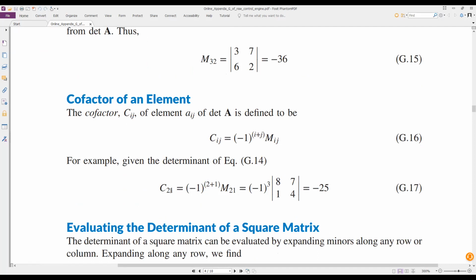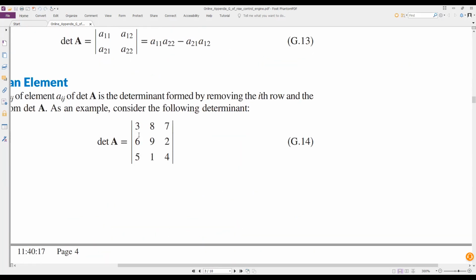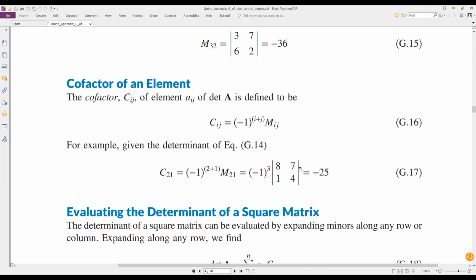To find the cofactor of 2, 1, M21, you have to remove the second row and first column. So 8 7 1 4 would be there. So 4 into 8, 32, minus 7, that is 25, and minus would be there. So it would be minus 25 cofactor. That's how you have to calculate the cofactor of an element.